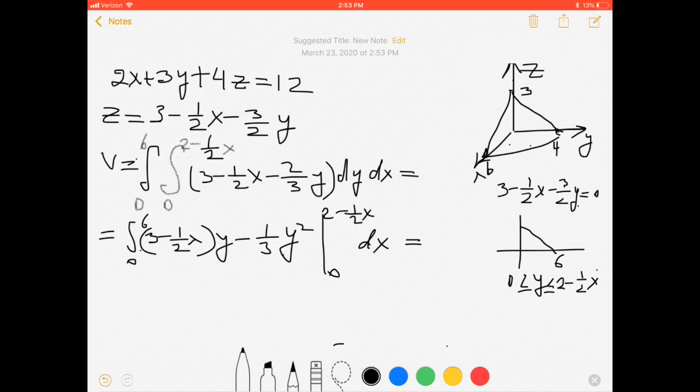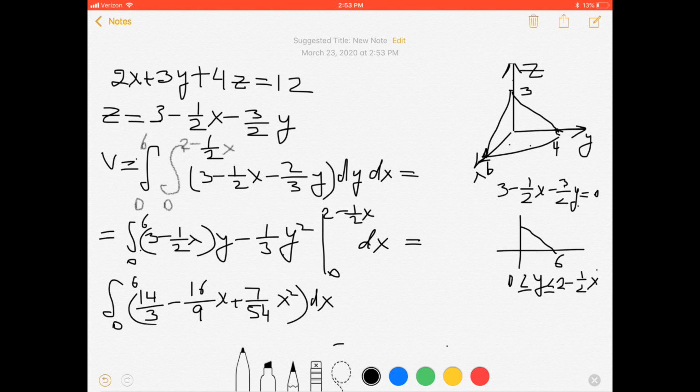dx. If we plug in, we have some 14/3 minus 16/9 x plus 7/54 x squared dx, and after integrating you have 14/3 x minus 8/9 x squared plus 7/54 x cubed over 3.